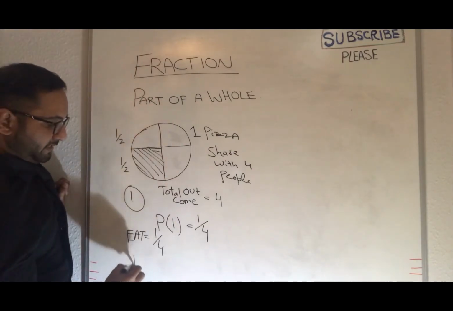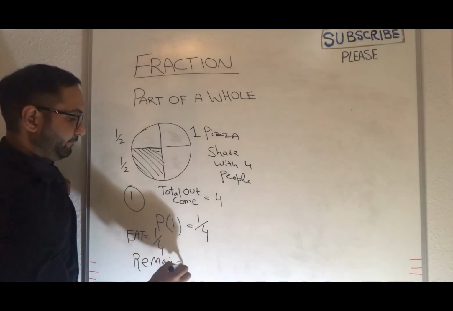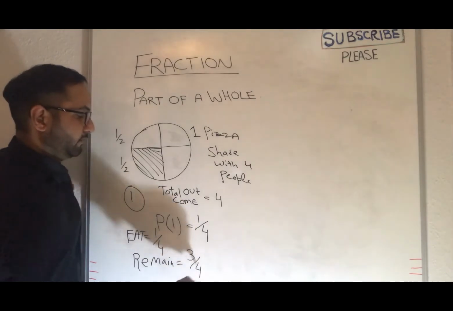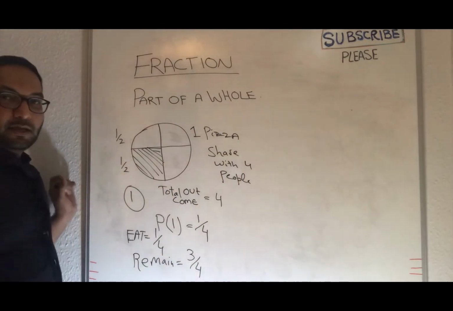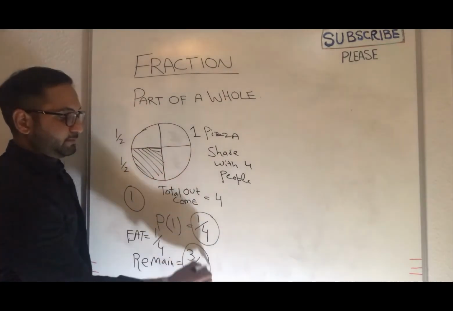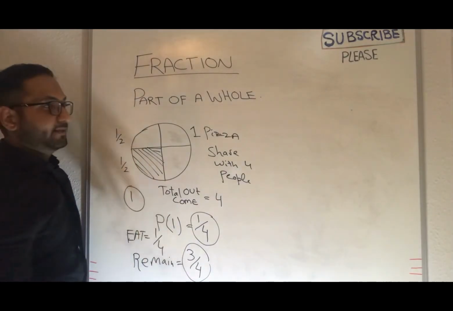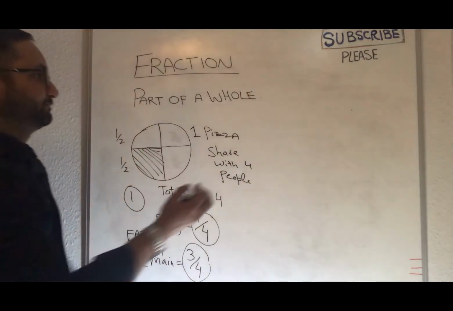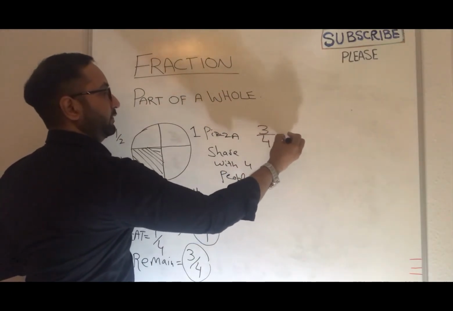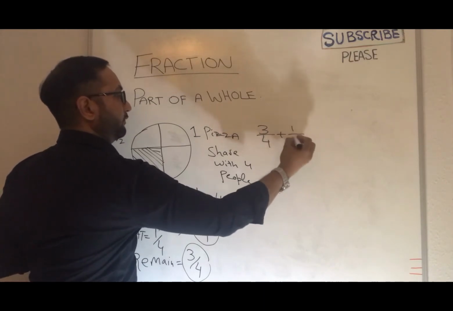So we can say the remaining part is three out of 4. And when we put these two parts together, one part and 3 parts, they all become a whole. Just like 3 parts out of 4 add 1 part out of 4.